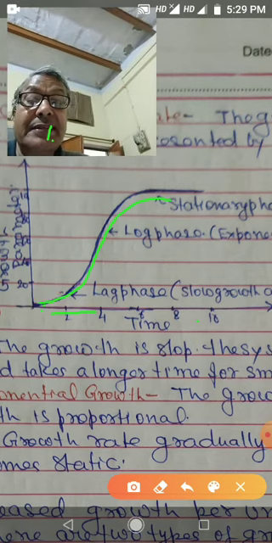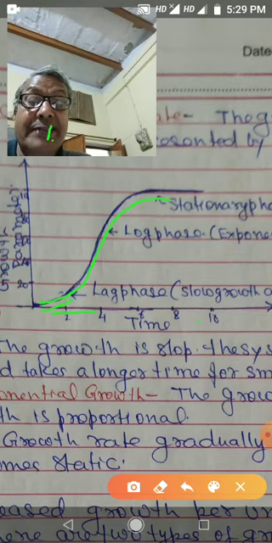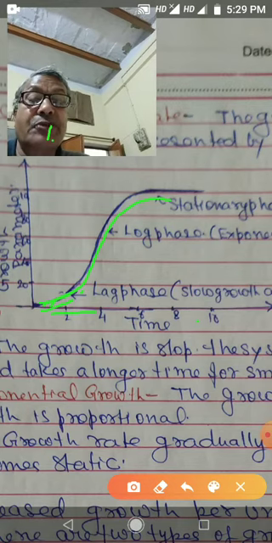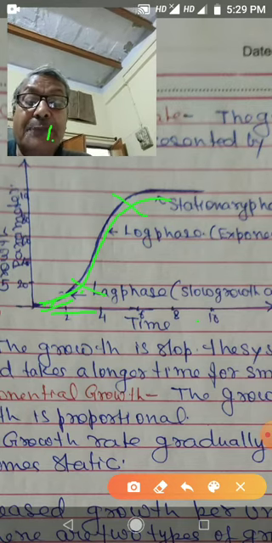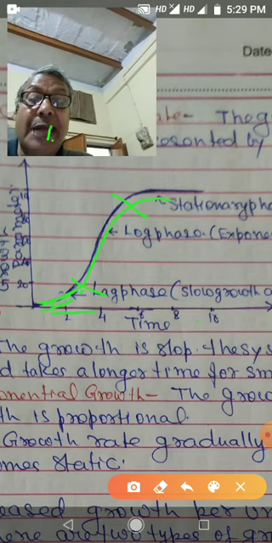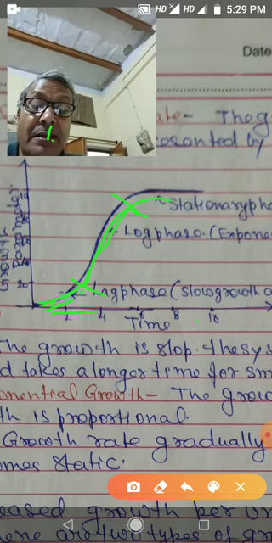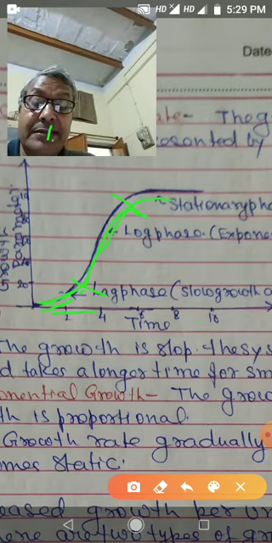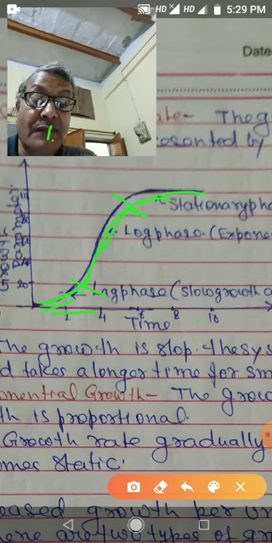So this is the initial phase, that is the lag phase, and during this phase rate of growth is very slow, and this middle one is the exponential phase or logarithmic phase, and during this phase growth rate is high. And after that the last phase is the stationary phase.